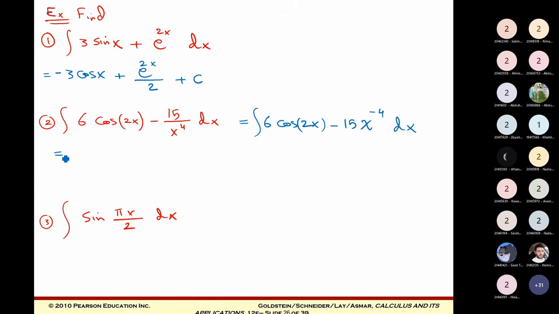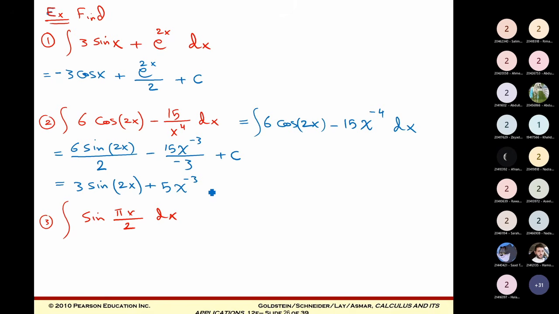So the integration equals 6 sine, the integral of cosine is sine, the same angle over the coefficient of x, minus 15x to the power, add 1, so we have negative 3 over negative 3, plus c. By simplifying, this equals 6 divided by 2 sine 2x plus 15 over 3 x to the power negative 3 plus c.